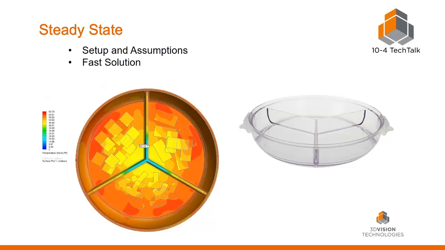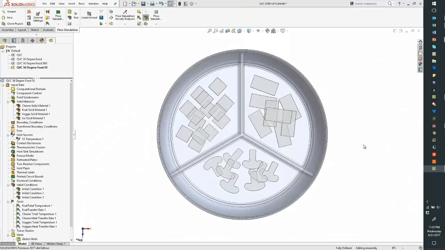So let's talk a little bit about steady state. Typically, with an analysis, you would use steady state as your first setup, just to see how the boundary conditions are working and how the initial conditions are changing. It's a faster solution that solves pretty quickly. I actually worked this a little bit backwards.